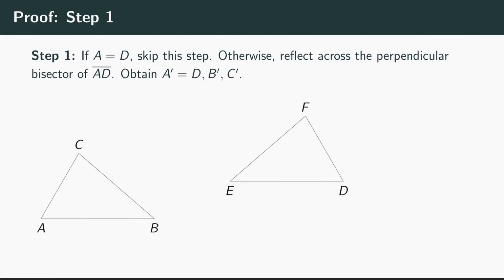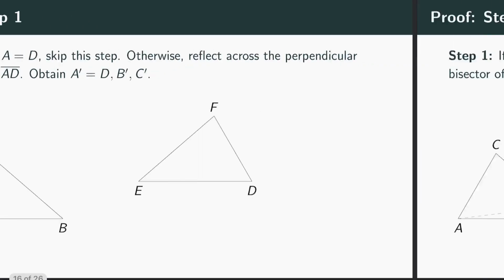So step 1, if A is already equal to D, we skip the step and move on to step 2. Otherwise, we reflect across the perpendicular bisector of the segment AD. So we obtain 3 new points, A prime, B prime, C prime, but A prime is the same as D. Right?